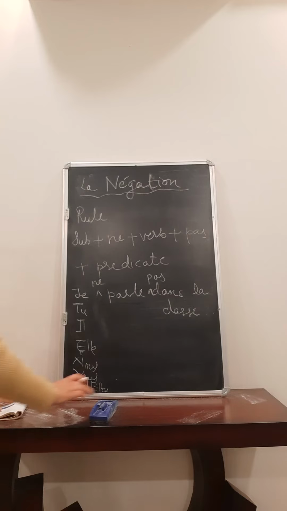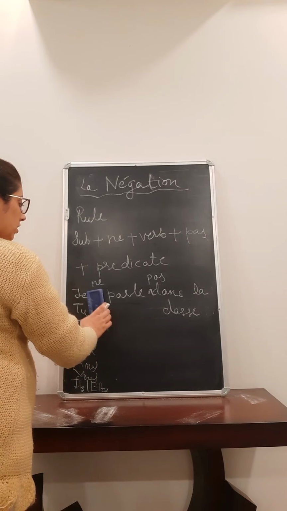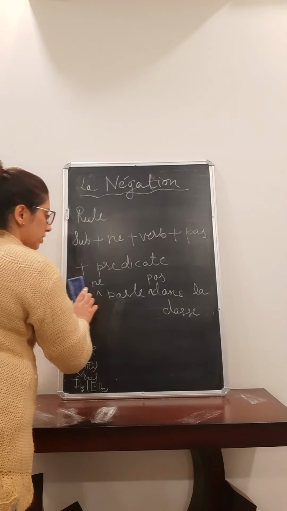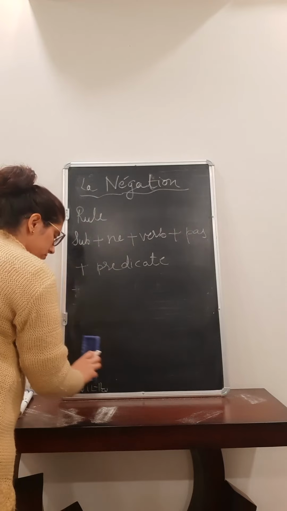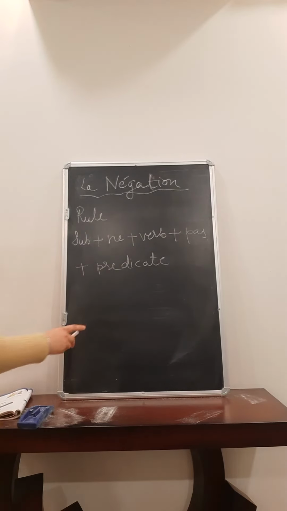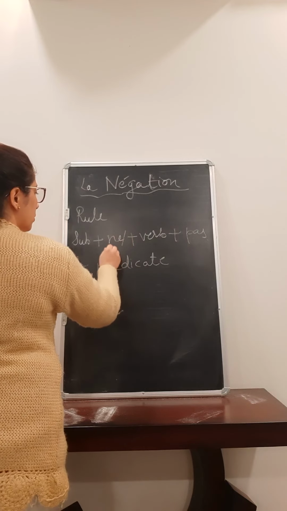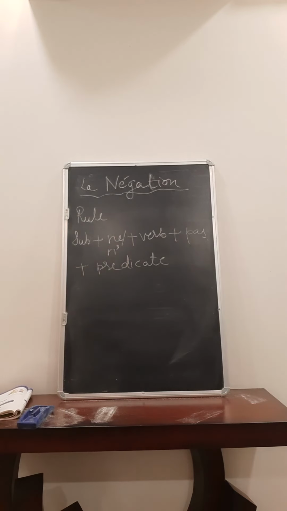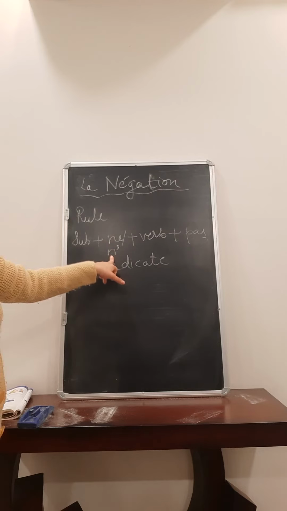There is one more rule: if your verb is starting with a vowel, then this ne will change into an apostrophe.